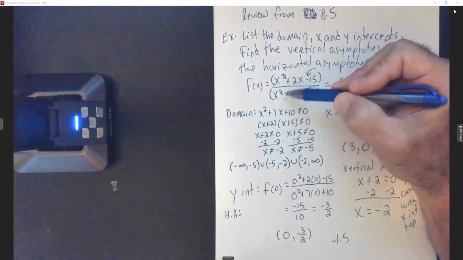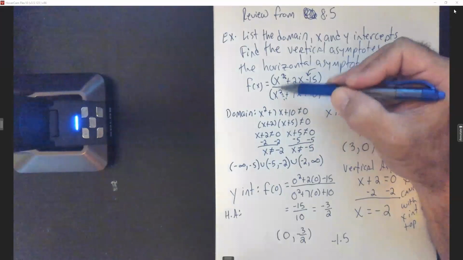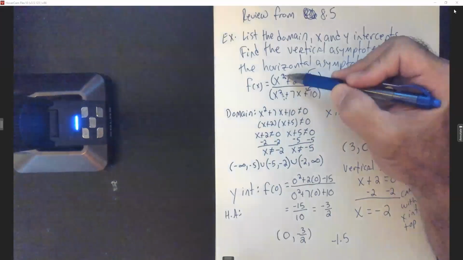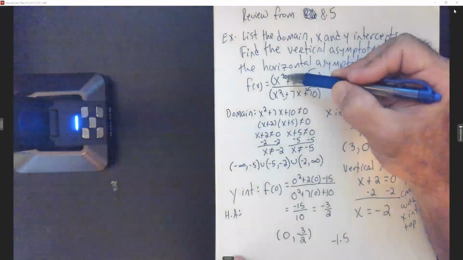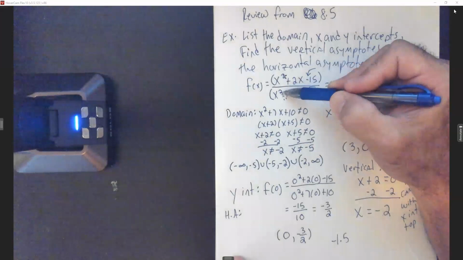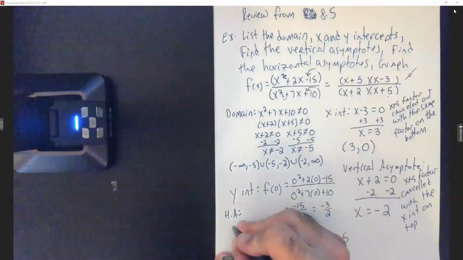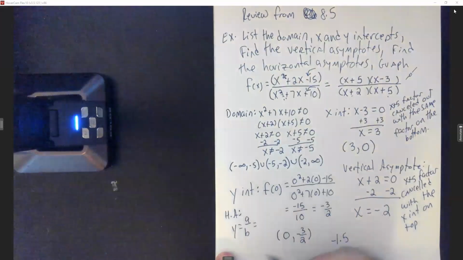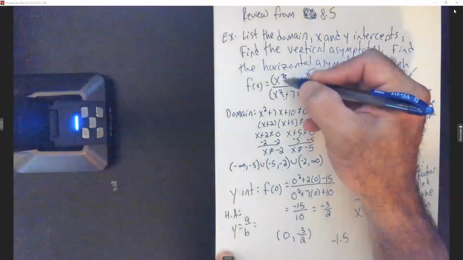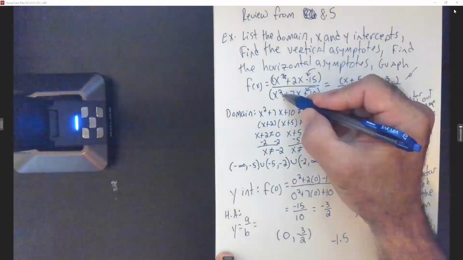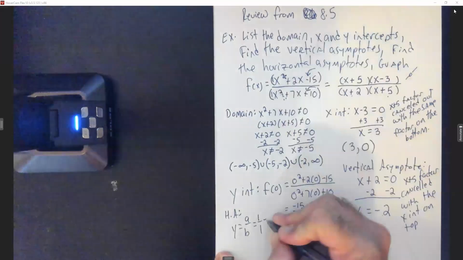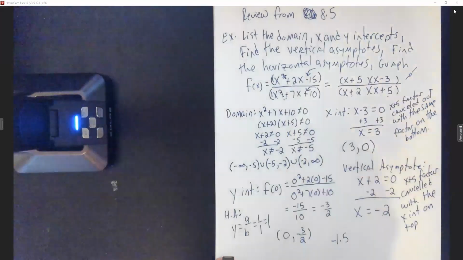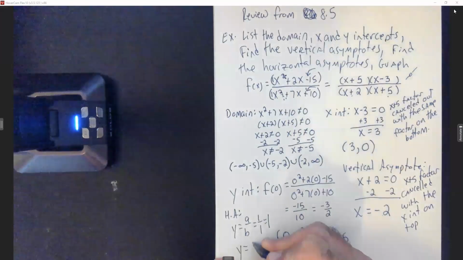If the bottom degree was higher than the top degree, then it would be y = 0. When the degrees match, when you got a 2 on top and a 2 on bottom, your horizontal asymptote is the ratio of A over B. Well, the number in front of the x squared would be a 1. The number in front of the bottom x squared would be a 1. So you would have 1 over 1, which is 1. So my horizontal asymptote would be y = 1.